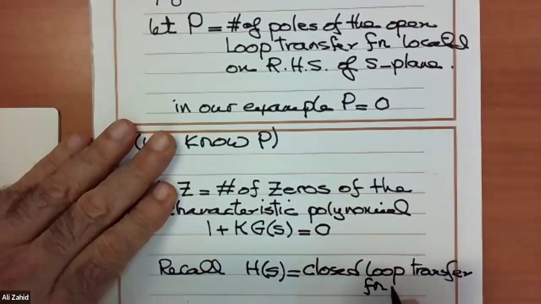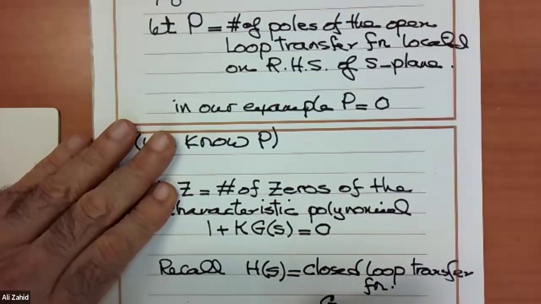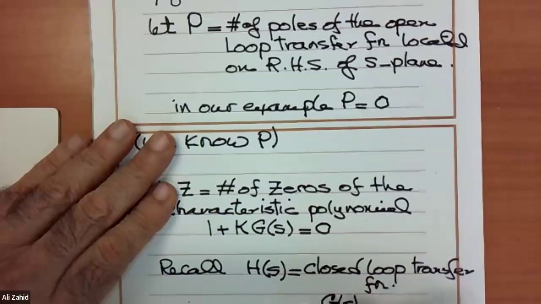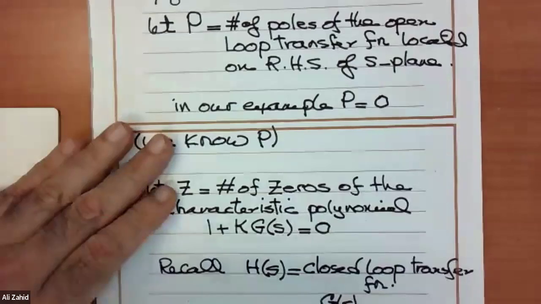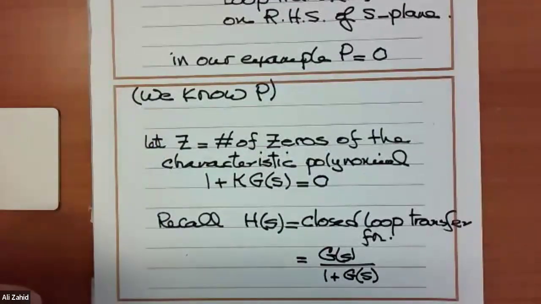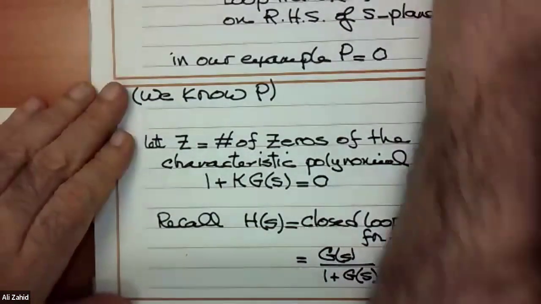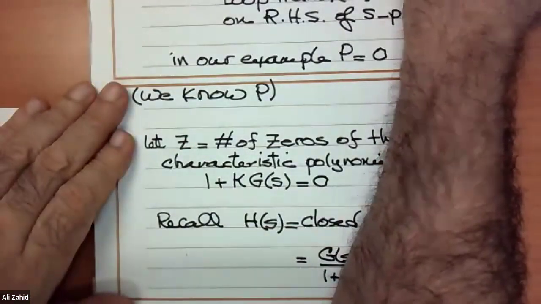Now remember, it's unity feedback. It's G of S over 1 plus G of S. Did you get it? Yes.